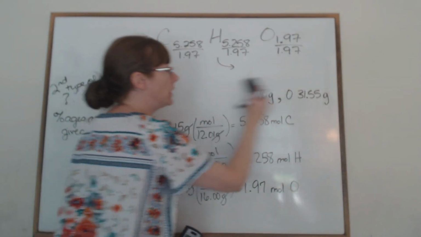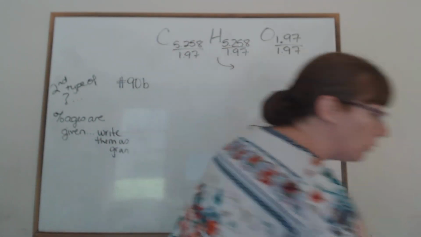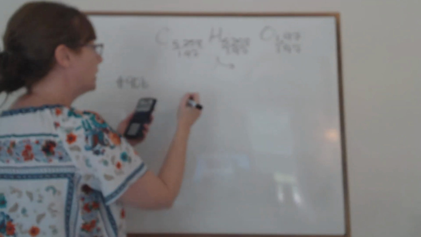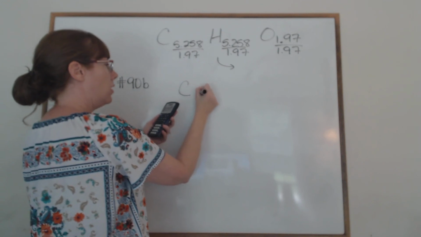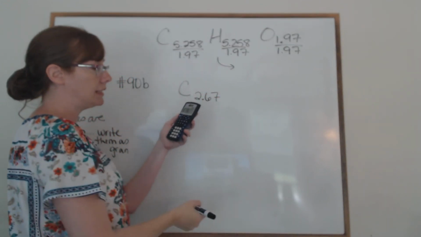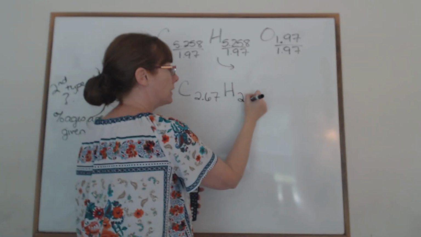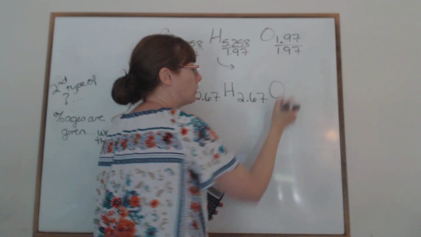Actually, I wanted one that did this because we want to make sure that we can handle this. So I'm getting carbon 2.67. It's really 2.669, but let's go 2.67. Hydrogen is also 2.67, and oxygen is 1.